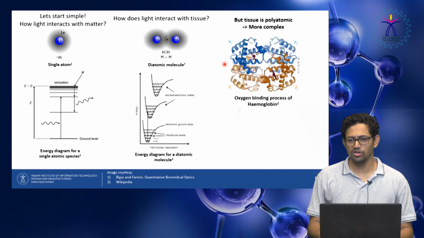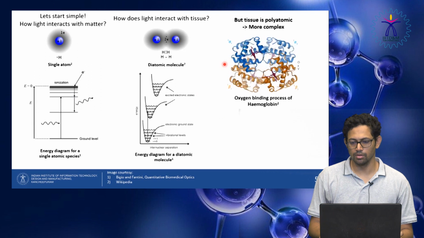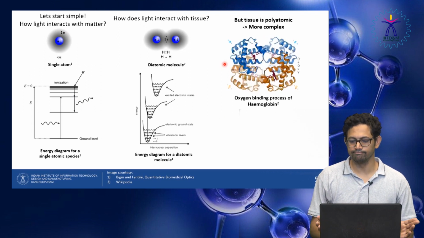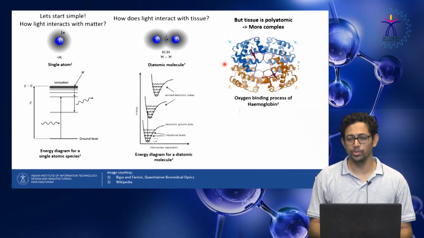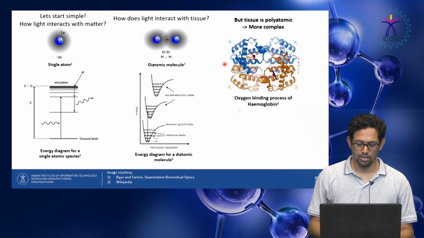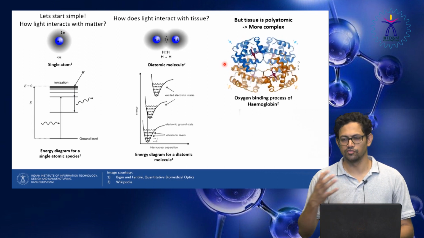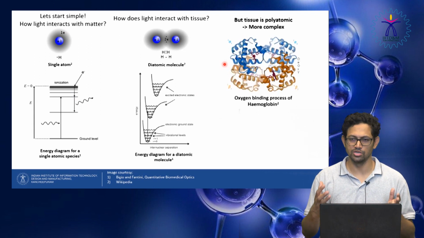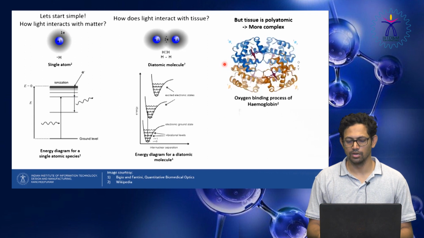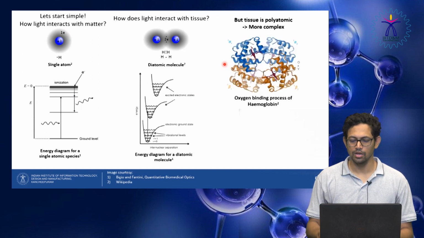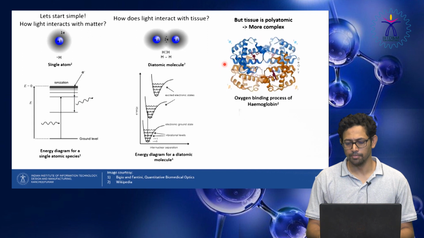One example of such a molecule is hemoglobin, right? Hemoglobin is the molecule which transports oxygen from one place to another. That is the most important work of the hemoglobin.